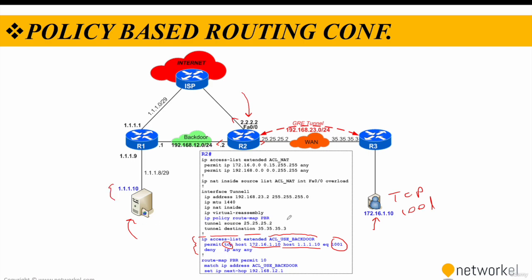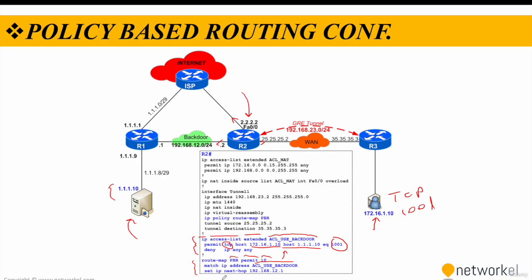So basically any traffic coming from this host with TCP 1001 going to this server will be a match for this ACL. Then I'm going ahead and defining a route map. The syntax is route-map and the name of the route map, permit 10: route-map PBR permit 10. I match the IP address that I used in my ACL above, with the command match ip address ACL use vector.